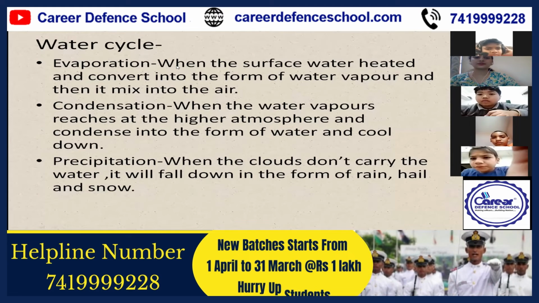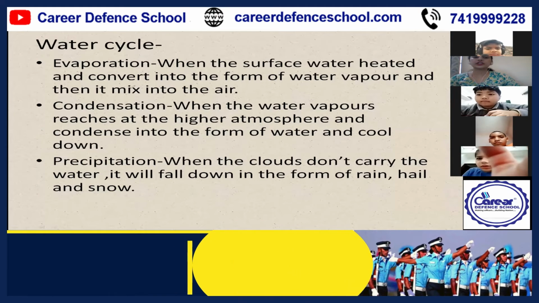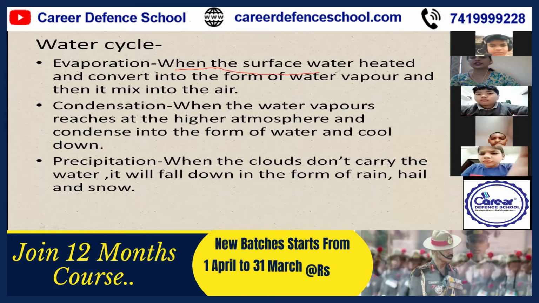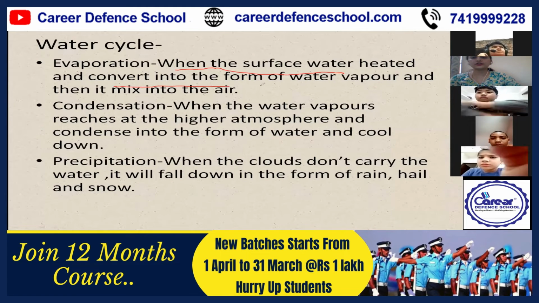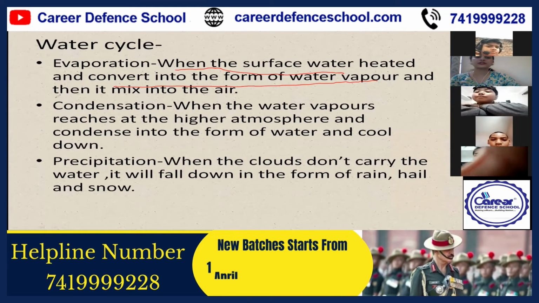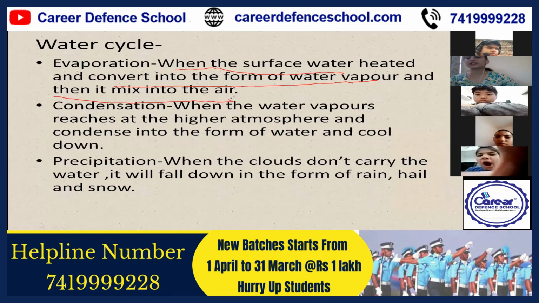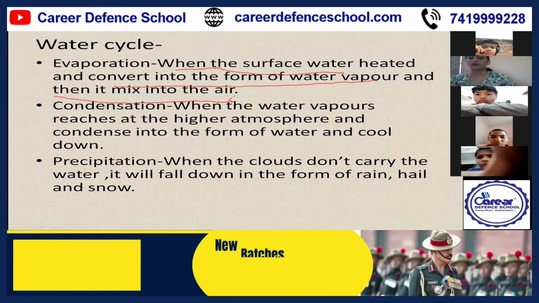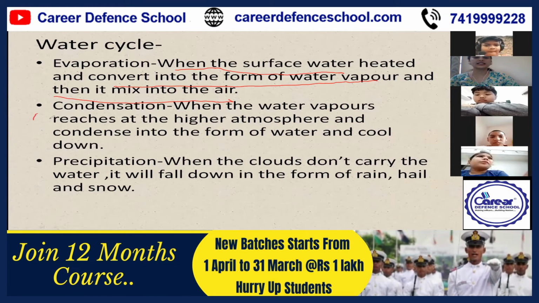First of all, evaporation. When the surface water is heated and converts into the form of water vapors and mixes into the air, that process is called evaporation. The second one is condensation.